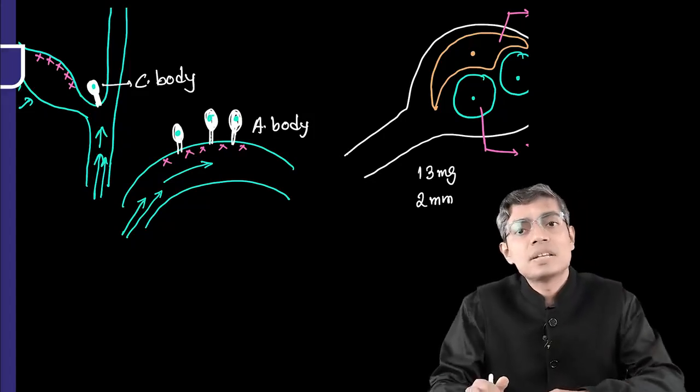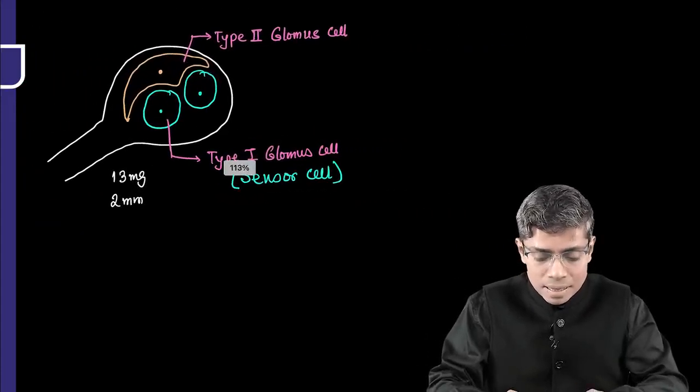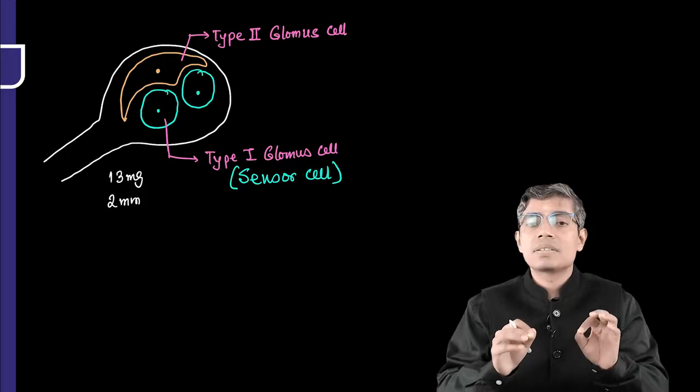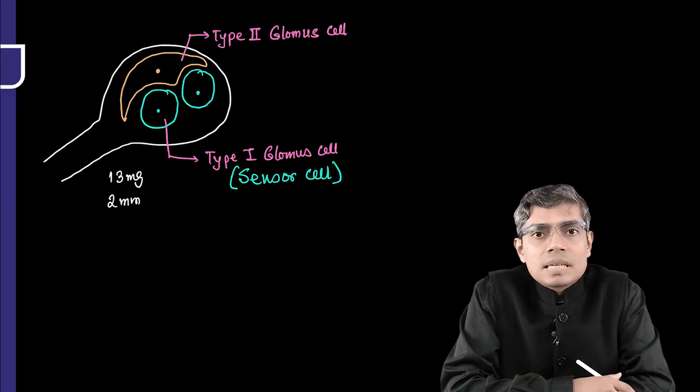That's why this is known as a sensor cell, right? So the actual chemoreceptor is because of this sensor cell. If a question is given like this, that chemoreceptors are due to which of the following cells, your answer will be sensor cell, that is type 1 glomus cell.